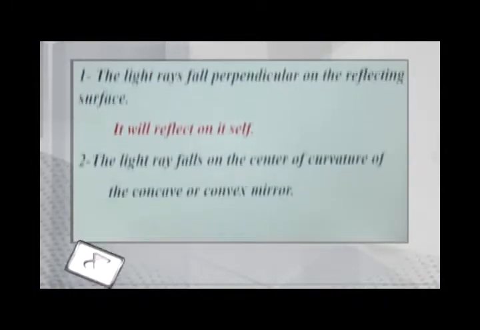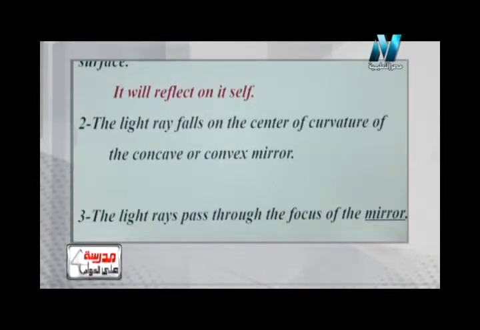If the light ray passes through the center of curvature, as we just remember here with a concave mirror for example, the inner surface of the sphere is the reflecting surface, and here we have the principal axis, here we have the center of curvature C, here we have P, the pole of the mirror, and here we have F as the focus of the mirror.